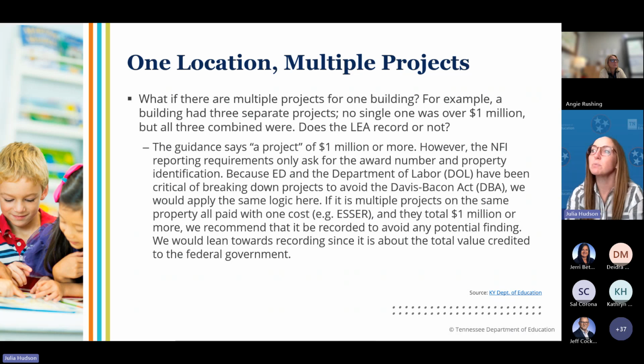So if you have multiple projects all on one property and they're all paid for with ESSER, if they total $1 million or more together, then we recommend you record it just to avoid any potential findings. So it's kind of a better safe than sorry situation. We lean towards recording because it's really more about the total value that's credited to the federal government, to Ed.